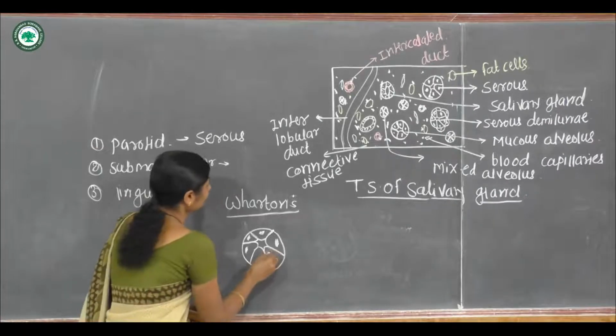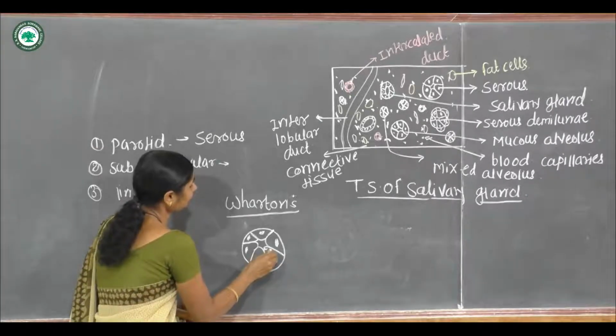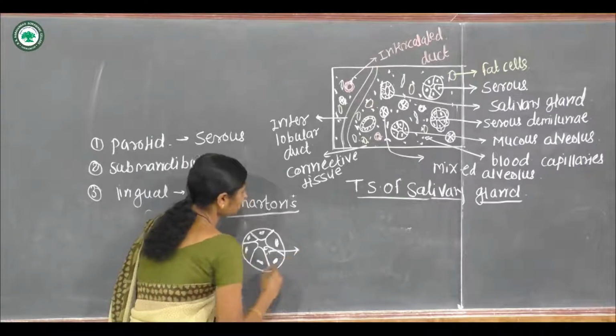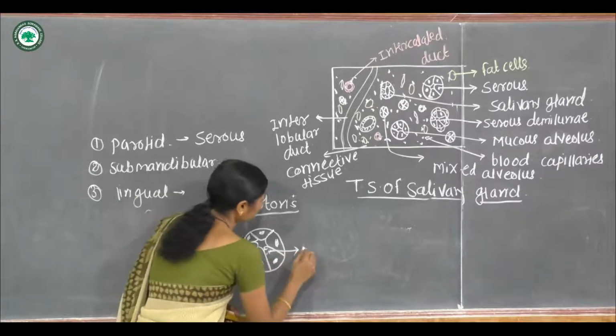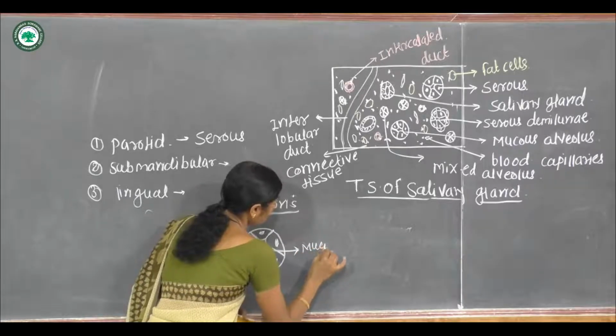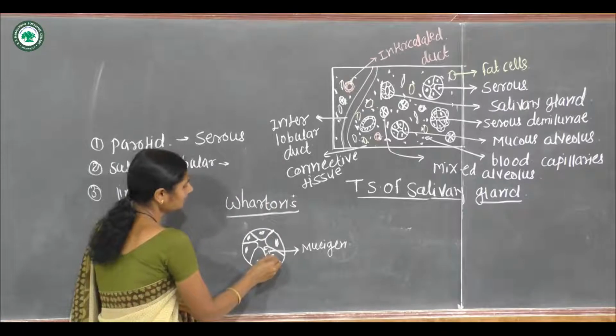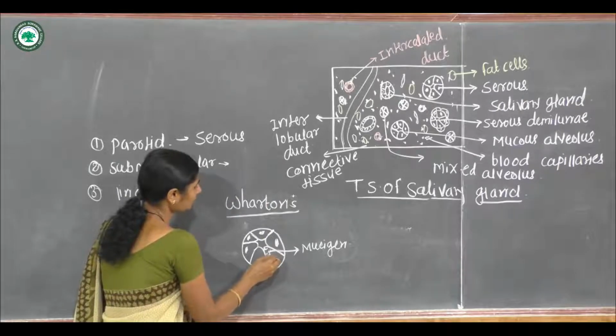In this cytoplasm, secretory granules are present, and these are mucigen granules. The Golgi complex is also present.